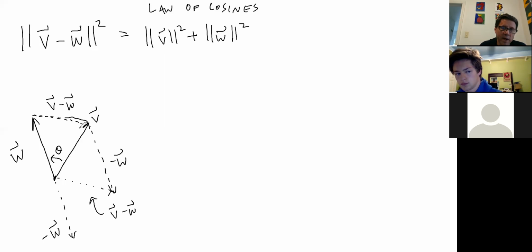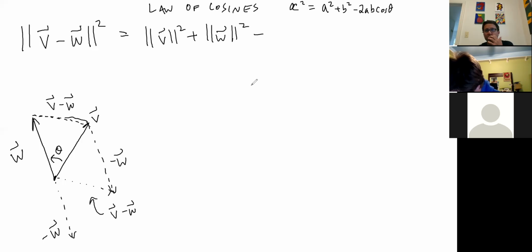But if it's not a right angle, you have to invoke the law of cosines: you want C squared is A squared plus B squared, but then you have to subtract off 2AB times the cosine of the angle in between. So that's a blast from the past.